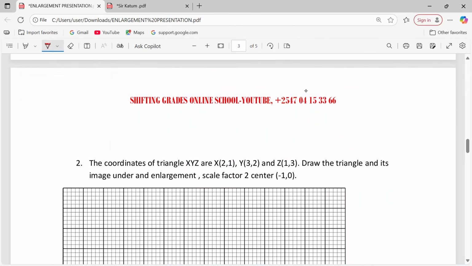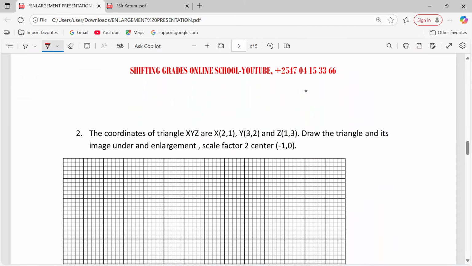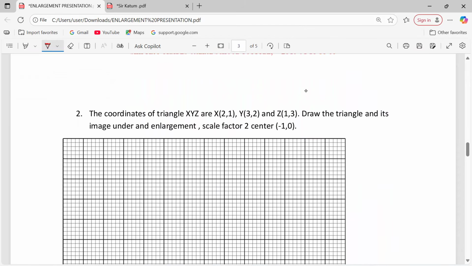Let's check another example. Another example on a still positive scale factor, right? So look at number 2. The coordinates of triangle XYZ are 2, 1, 3, 2, 1, 3. Draw the triangle and its image under an enlargement, scale factor positive 2, and center negative 1, 0.